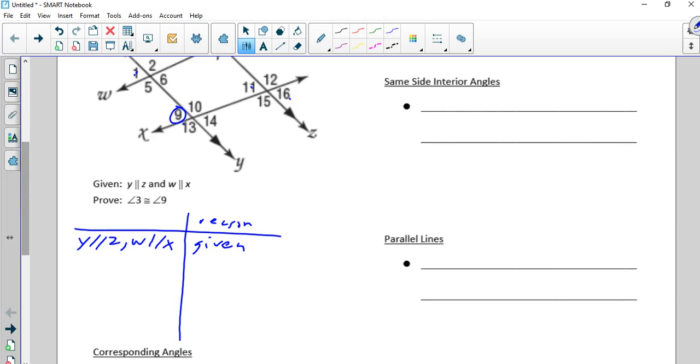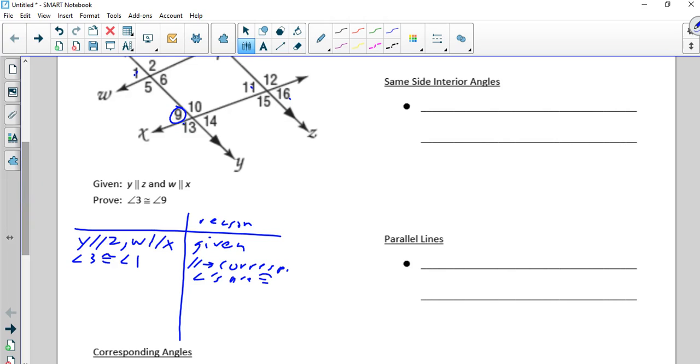So I'm going to say that angle 3 is congruent to angle 1. And we say if lines are parallel, that's how we justify it, corresponding angles are congruent.